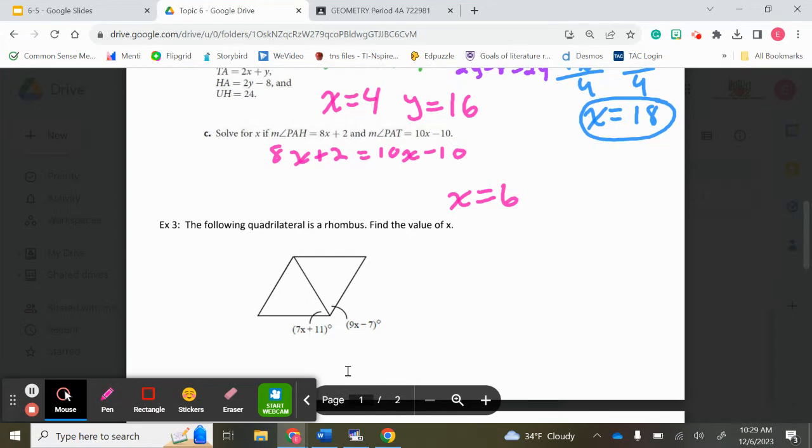All right, what do we got for x for example 3? X equals what? I heard it. Someone whispered it. 9. Does anybody need to see this one?